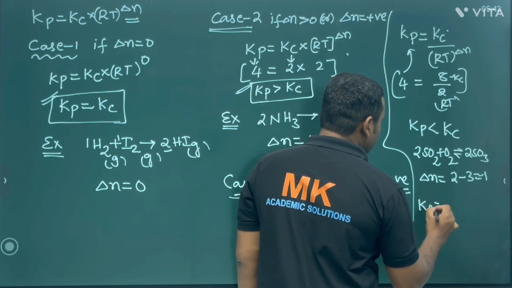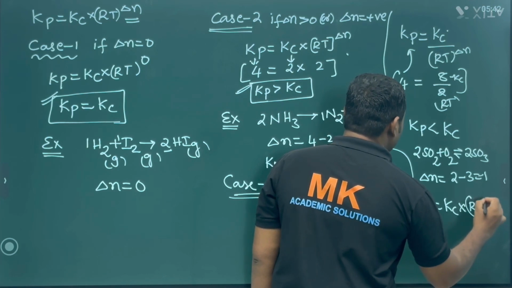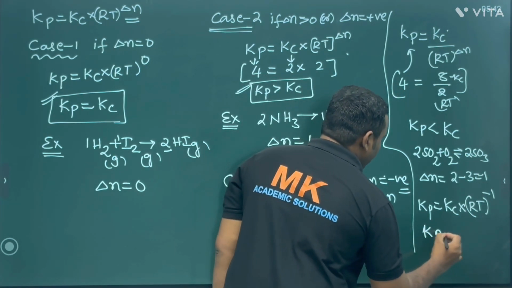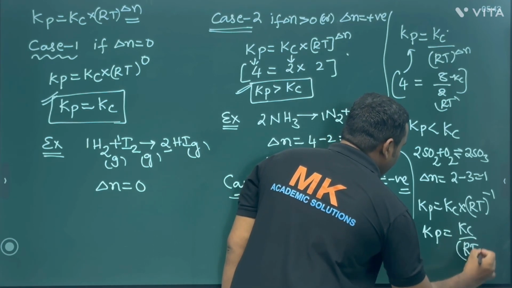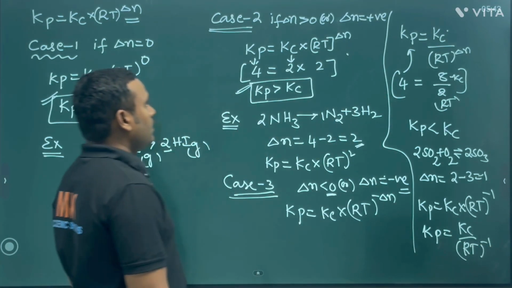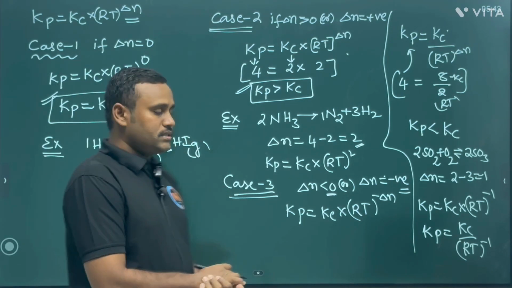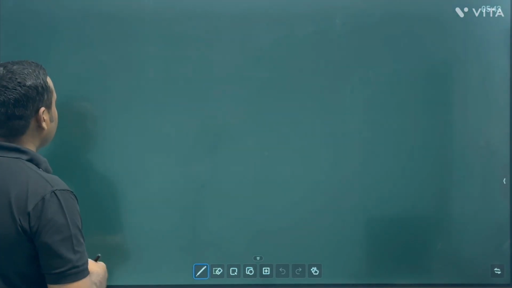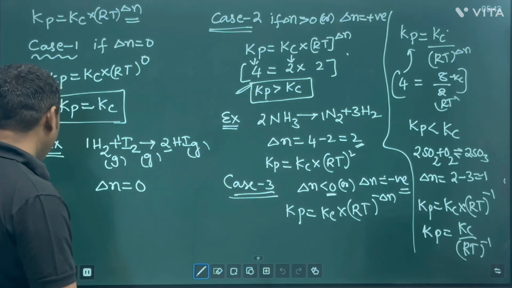Therefore Kp is equal to Kc into RT to the power minus 1, or simply Kp is equal to Kc by RT to the power 1. Okay, so this is about the relation between Kp and Kc and the units of Kc. Next, okay, so this is the relation how we have derived.